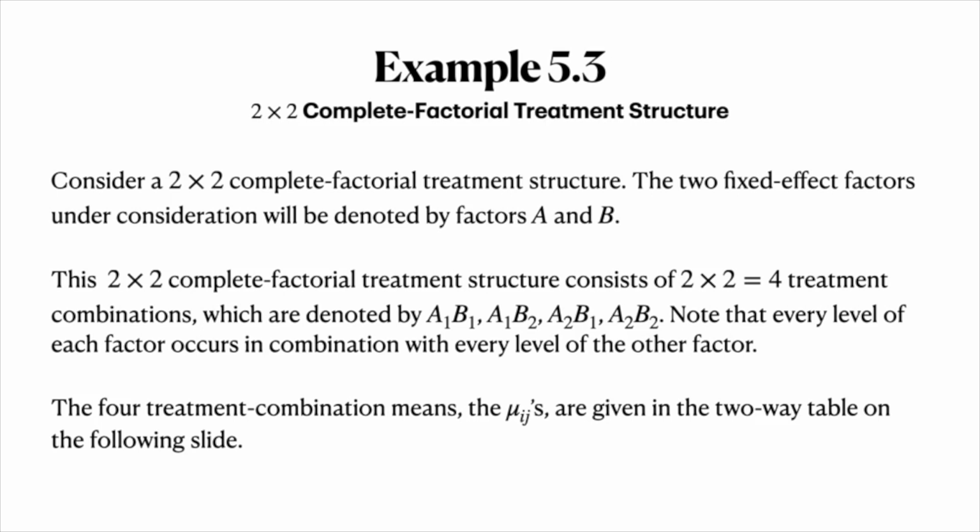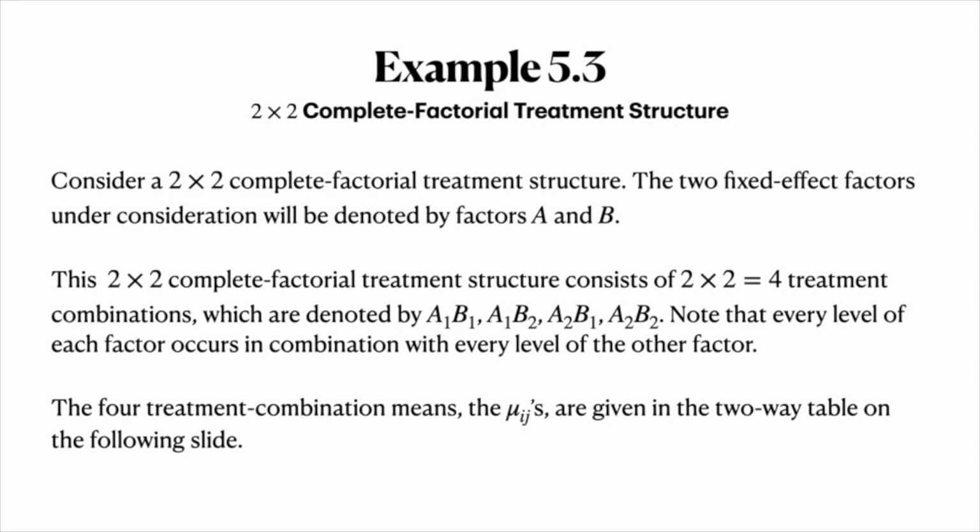The two fixed effect factors under consideration will be denoted by factors A and B. This 2x2 complete factorial treatment structure consists of 2 times 2, or 4, treatment combinations, which are denoted by A1B1, A1B2, A2B1, and A2B2.